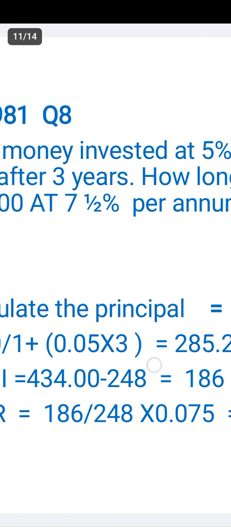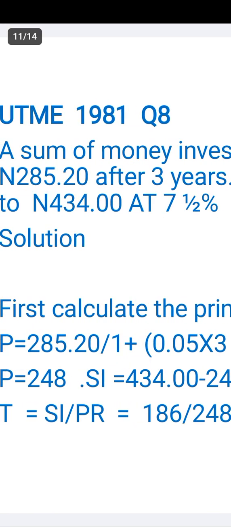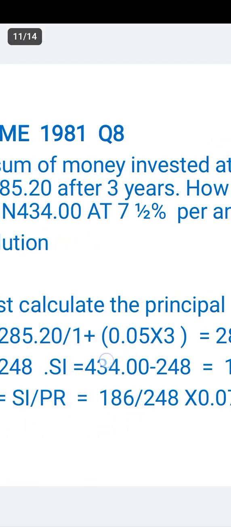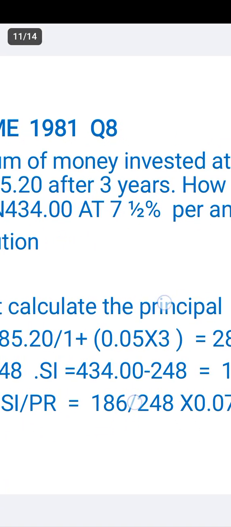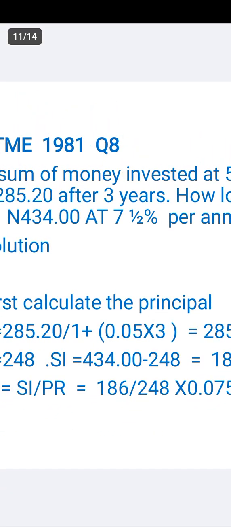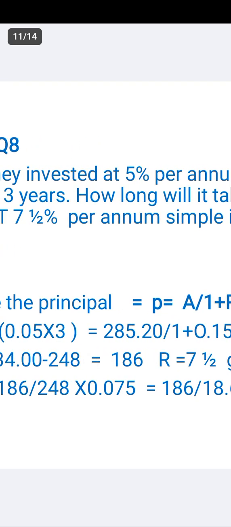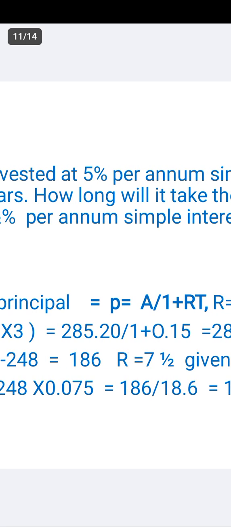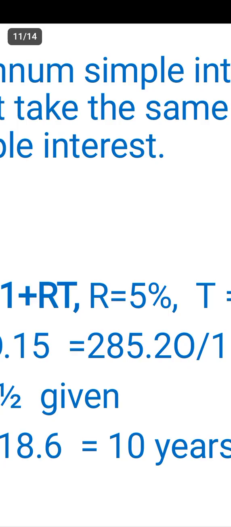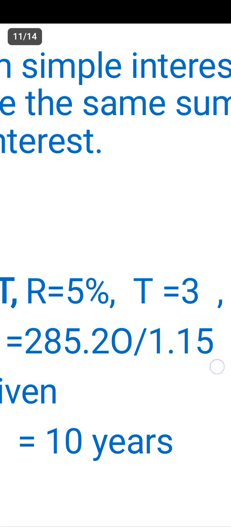The principal, which is equals to P now, is equals to 285.20 over 1 plus 0.05, which is what, the rate, times time, which becomes 285.20 over 1 plus 0.15, which is as good as 285.20 over 1.15.